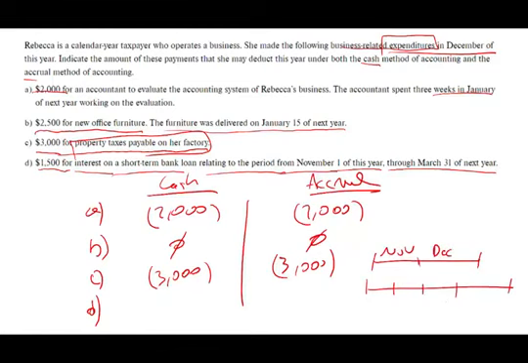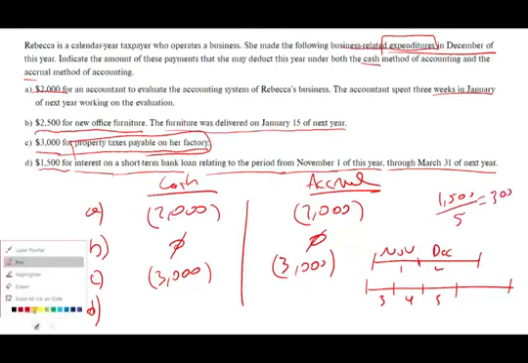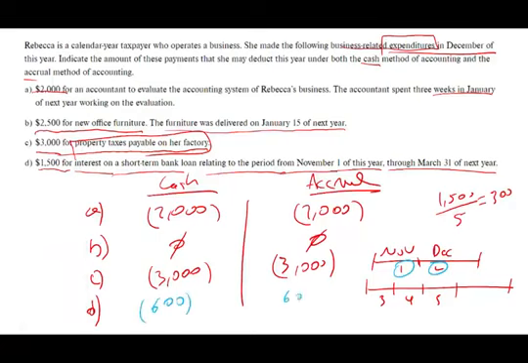So this $1,500 is covering 1, 2, 3, 4, 5 periods. What we have to do is divide it by 5, and for every month, 300. And the only period we can deduct for cash purposes and for accrual is November and December. So this is $600 here and $600 here.